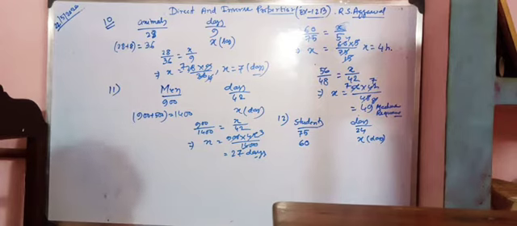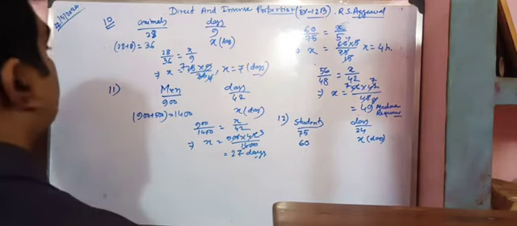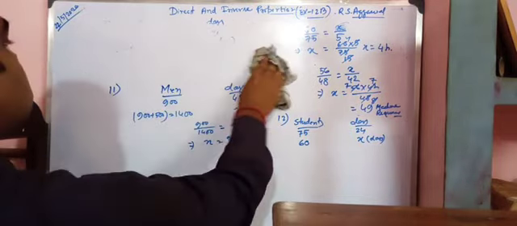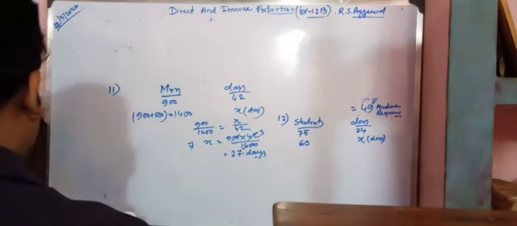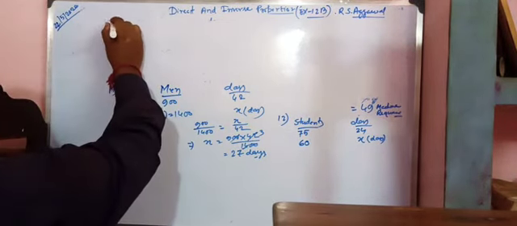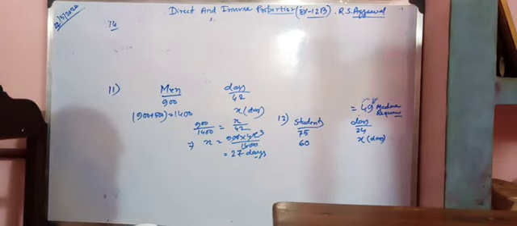Next, come to question number 14. If x and y vary inversely and x is equal to 15, y is equal to 6, find y when x is equal to 9. Now for that, what we have to do? X and y vary inversely.